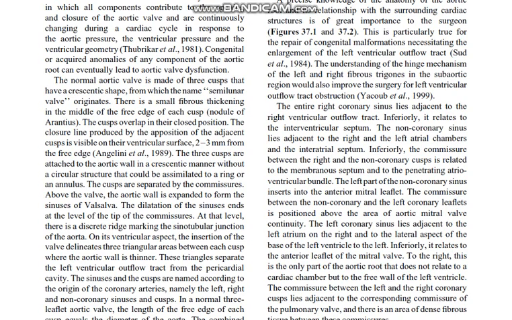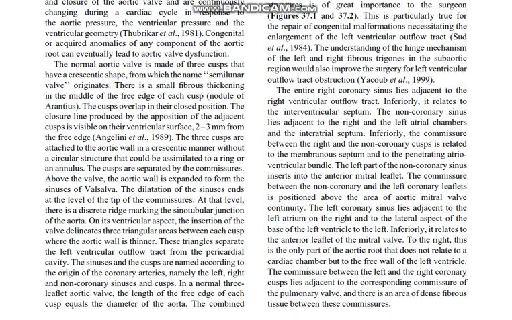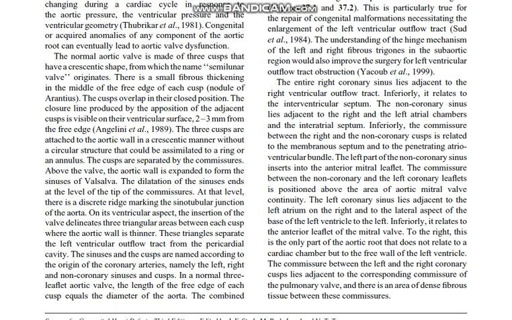To the left, this is the only part of the aortic root that doesn't relate to a cardiac chamber but to the free wall of the left ventricle. The commissure between the left and the right coronary cusps lies adjacent to the corresponding commissure of the pulmonary valve, and there is an area of dense fibrous tissue between these commissures.